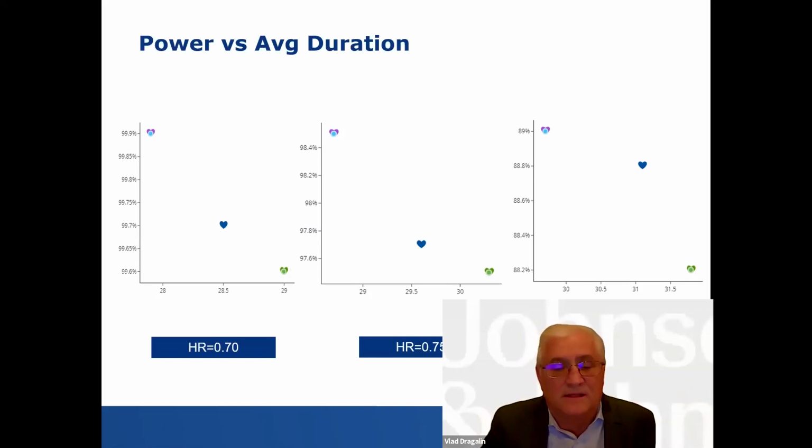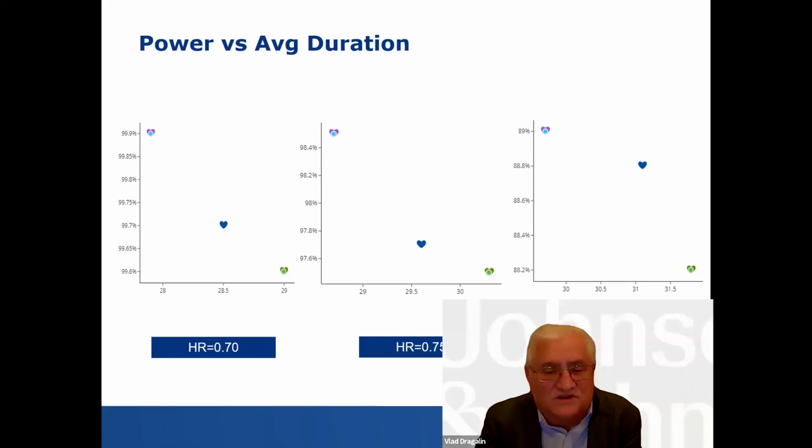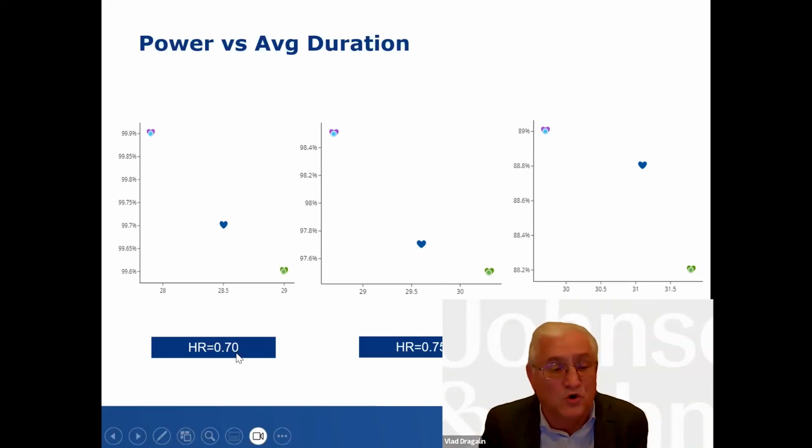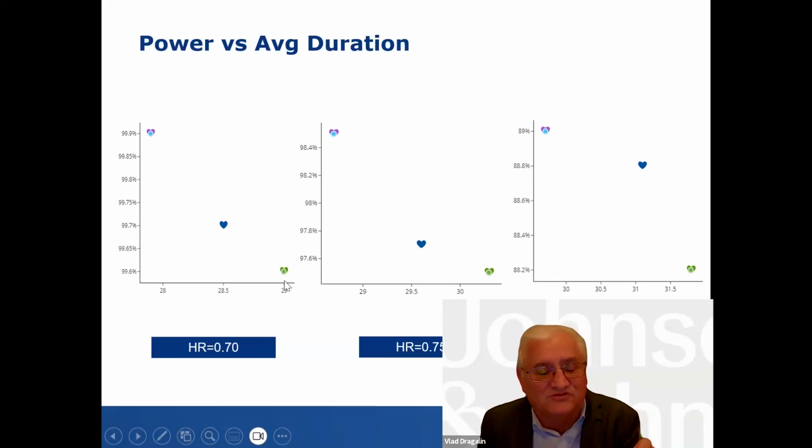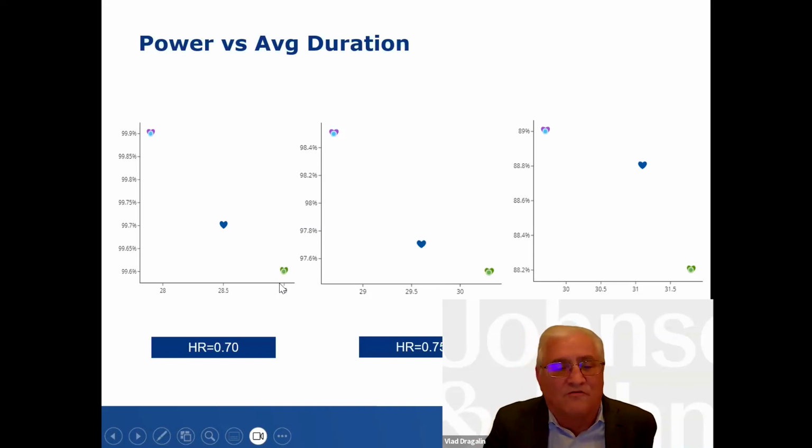Sample size estimation: if I enroll only 10,000, and probably the design will not ask for more because the hazard ratio is very good, of course, I will still have to wait until those 10,000 give me the number of events. Power is good, it is 99.6, but of course, I lose on duration.